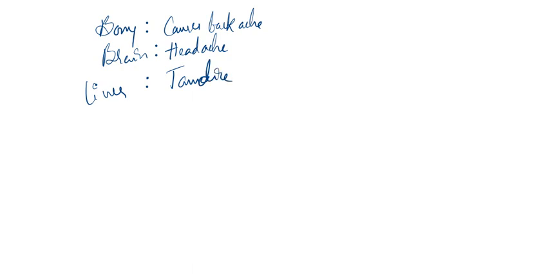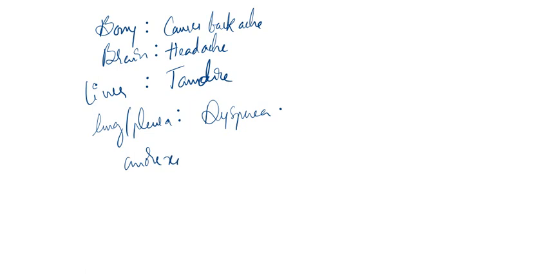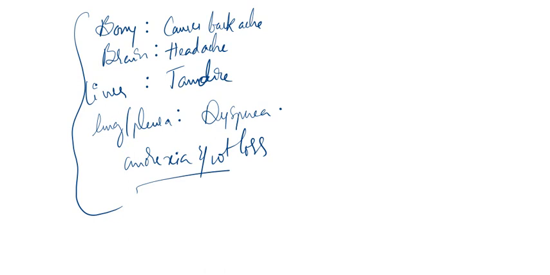If the metastasis has occurred to the lung or pleura, then the patient comes with a complaint of dyspnea. Or sometimes the patient also suffers from anorexia and severe weight loss. So these are some of the signs and symptoms that patients with breast cancer secondaries, or breast cancer metastasis, come to you with.